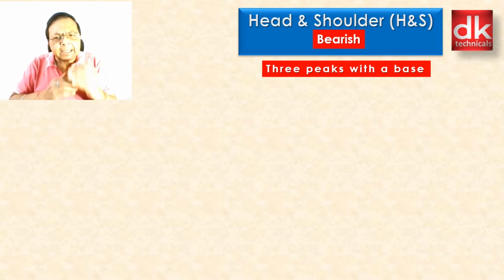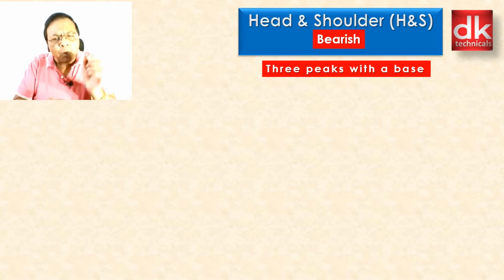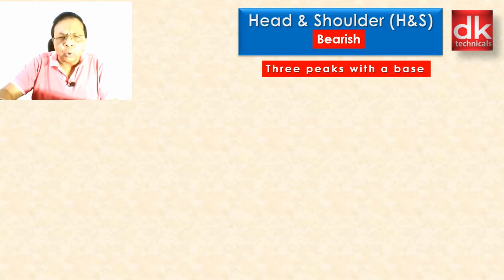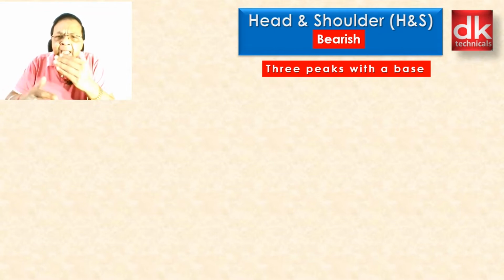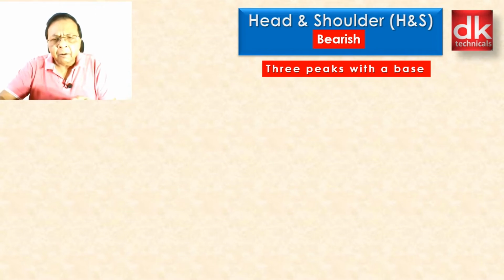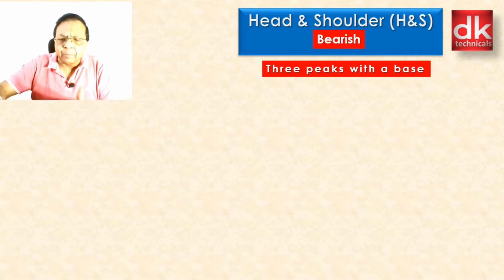So let us understand conceptually: when the market prior to the formation of head and shoulder was an uptrending market, what would the structure be? The market would be making a higher highs and higher lows kind of formation. Have a look at the screen where I am going to draw the higher highs and higher lows formation.